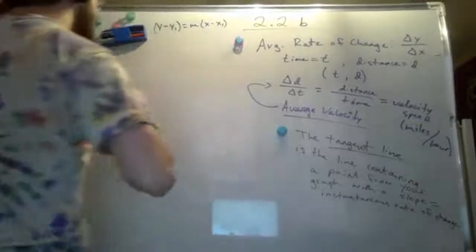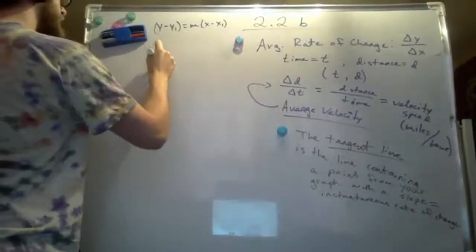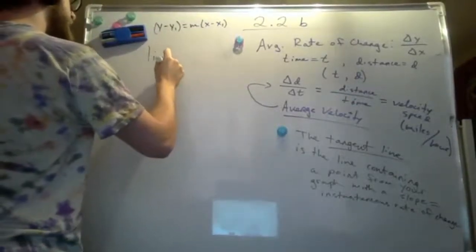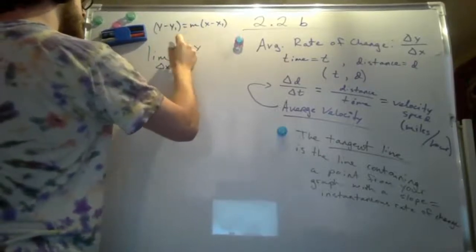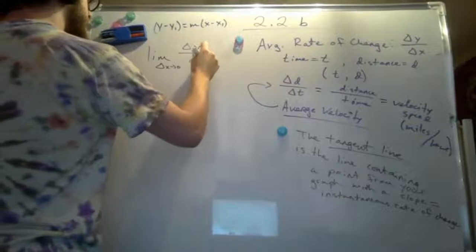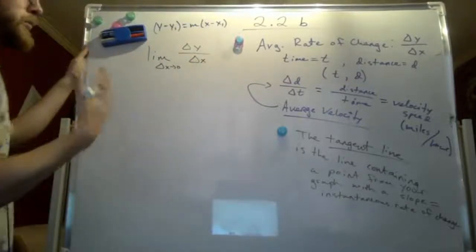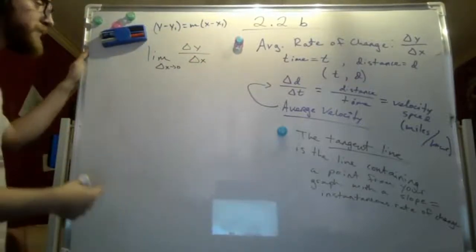It is the limit as delta x goes to 0 of delta y divided by delta x. But what does that actually look like?